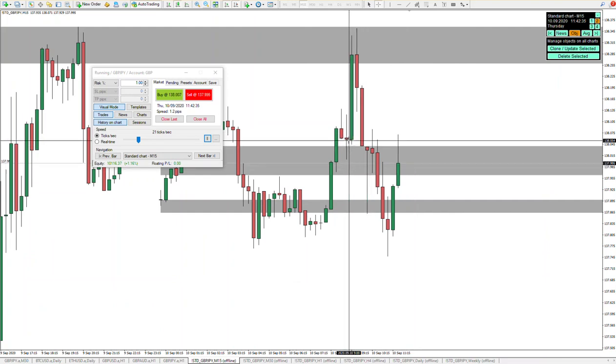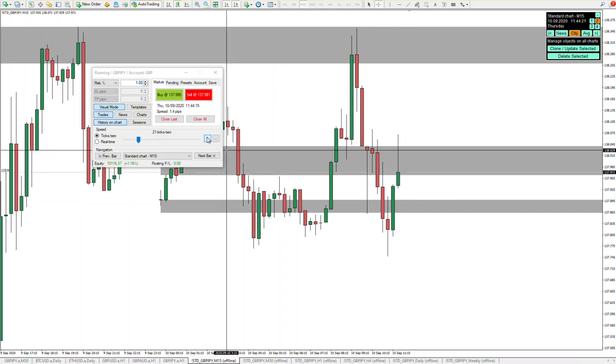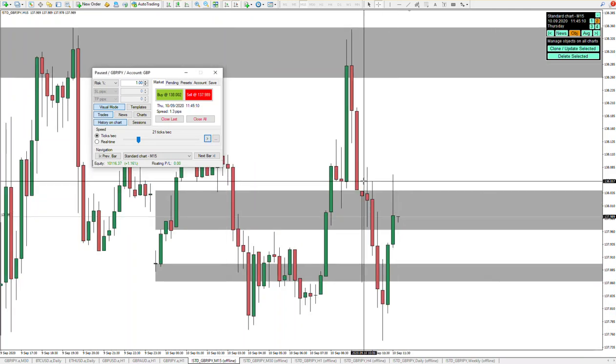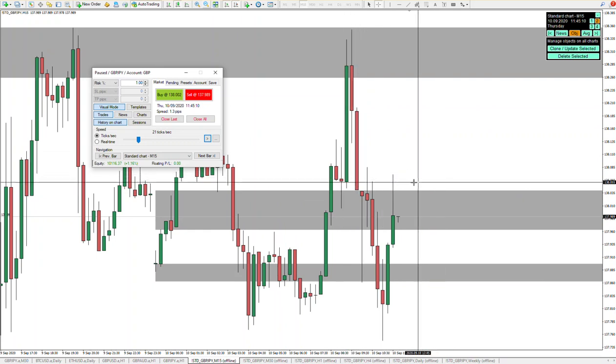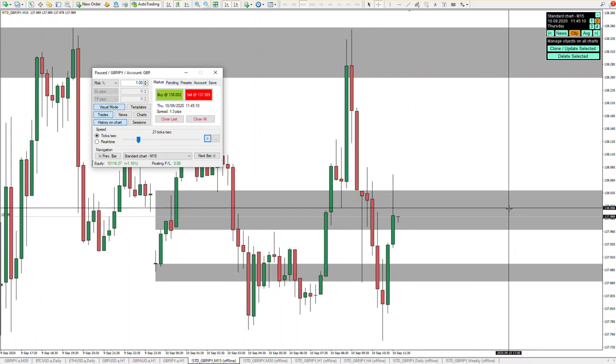It's testing previous support here. Closes in 1 minute. Rejecting this support. It rejected already twice before.